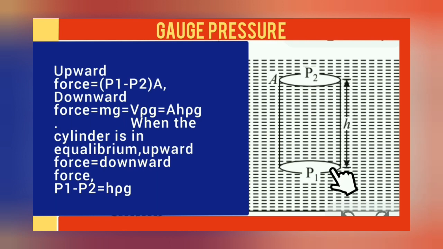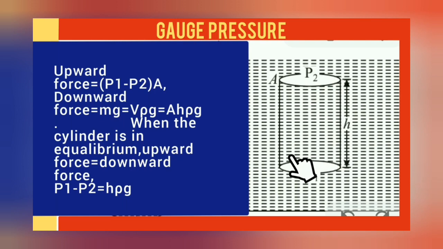Therefore, the upward force exerted by the fluid on this area is P1A, and the downward force exerted by the fluid on this area is P2A. So the total force exerted due to pressure is P1A minus P2A, in the upward direction. The weight of the cylinder acts downwards. We will see how much the weight of the cylinder is.